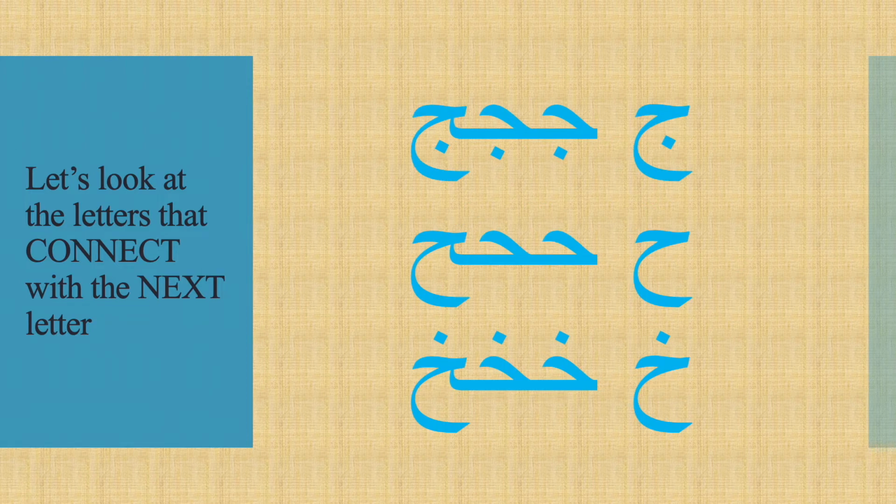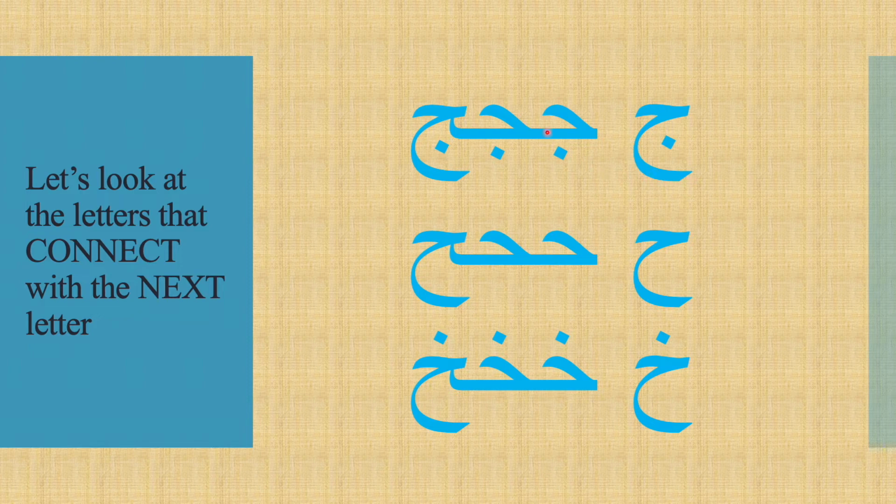Very similarly, we will see this happen with jim, ha, and kha. When the letter is isolated, it takes its full shape. It has this I shape here with the point here, and then a big belly under the line.